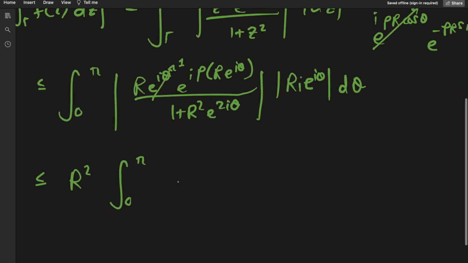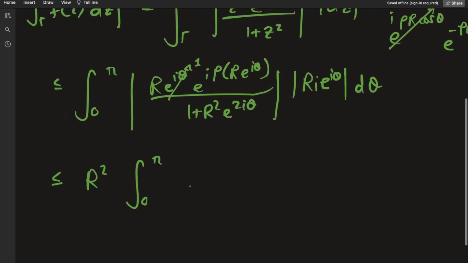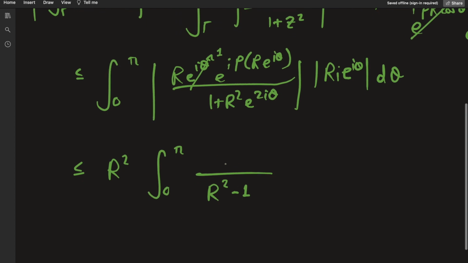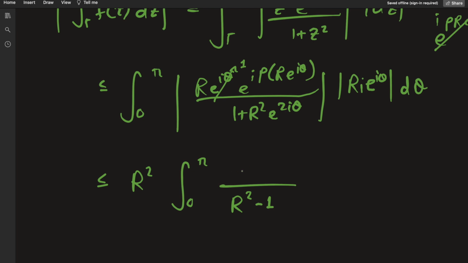The sine will remain, and in the denominator we can use the triangle inequality in reverse, r squared minus 1. Actually it's the modulus of r squared minus 1, but r is positive so it's fine. And on top we just have e to the negative r p sine theta. This guy will go to 1. Everything apart from the r, basically I took the r outside. d theta.